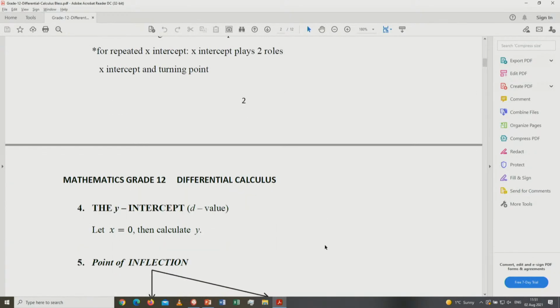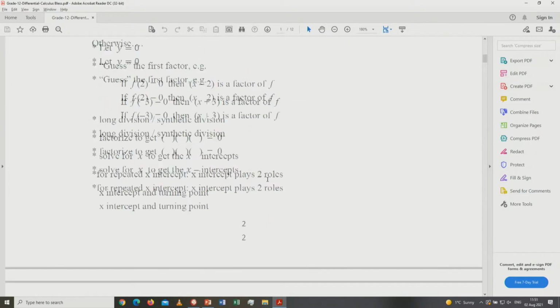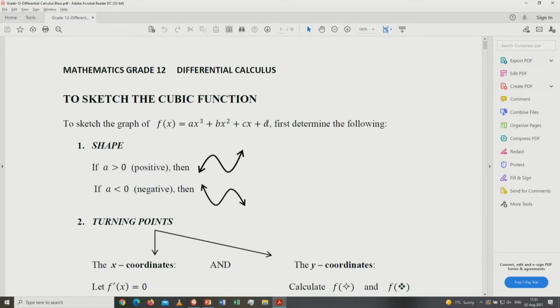Moving right along, we are still looking at the golden rules to sketch the cubic function. Number 4, you need to determine the Y-intercept. You'll recall from our general format, I did indicate to you that D represents the Y-intercept.